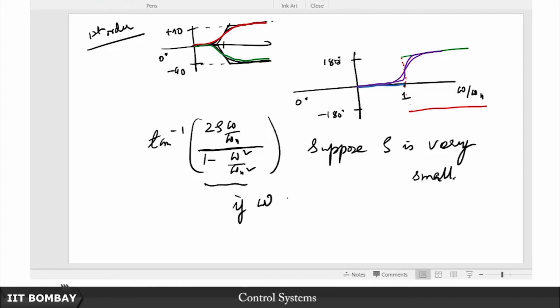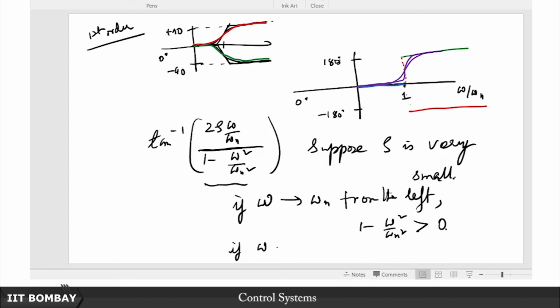If omega approaches omega n from the left, then 1 minus omega squared upon omega n squared is greater than 0.